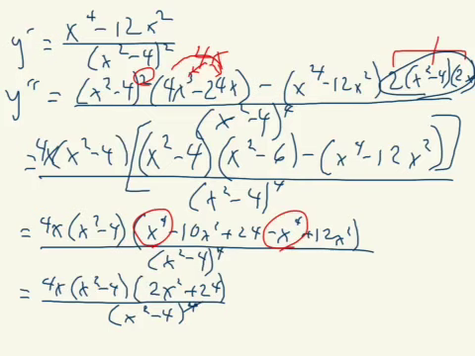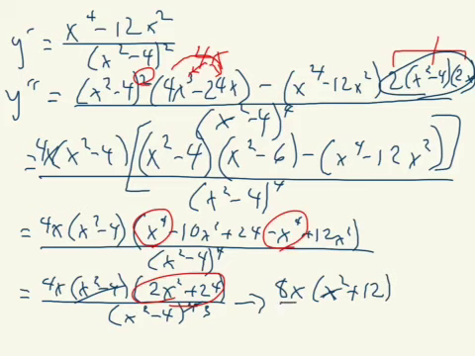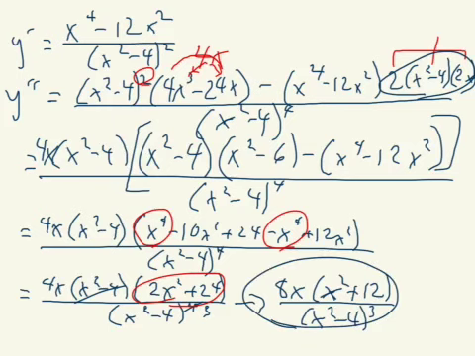Well, this is going to cancel, make it a third. That goes away. I'm running out of space, so I'm going to move horizontally, not my normal move. And I'm also going to notice at the same time, I could pull a 2 out of these. So we factor as much as we can. And we're going to have 8x times x squared plus 12 all over x squared minus 4 quantity cubed. That's not bad. That is not bad. Kind of nice factored form.